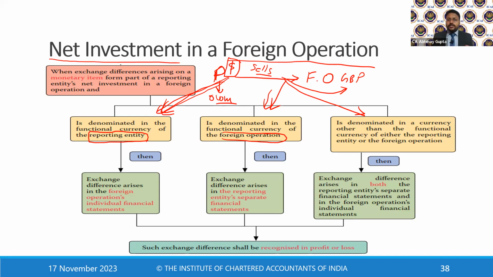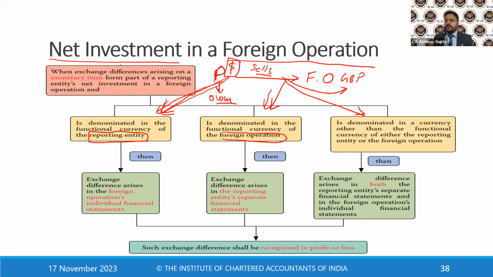Hence there wouldn't be any exchange gain or loss in the standalone financial statements of the parent. But because the foreign operation's functional currency is GBP and it has purchased goods from the parent in dollars, a conversion is required.